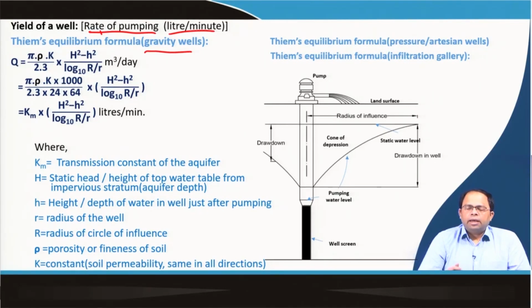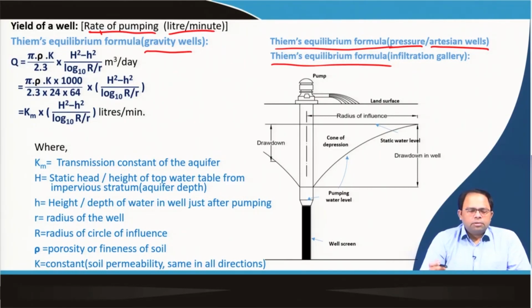In the other cases, it could be a confined aquifer, so it's an artesian well, as we have discussed earlier, where you draw water from a confined aquifer, and it is under pressure. With a little variant of this particular formula, we can use it. So this is Thiem's equilibrium formula for pressure wells.